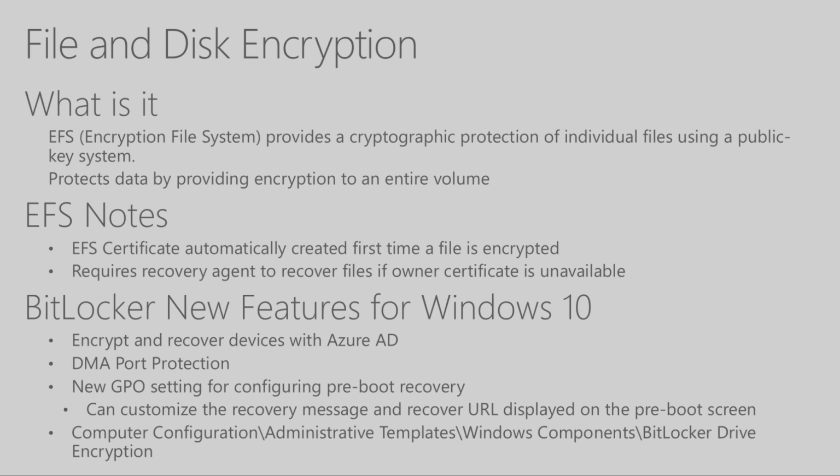Also know that BitLocker is available as well. It has a number of new features built into it, and that's the disk encryption component. So we put them both on here to think about when would I use file encryption, when would I use disk encryption, and what's the technology that's built into it.